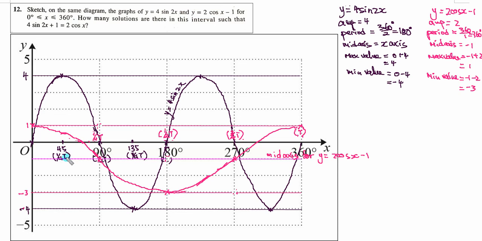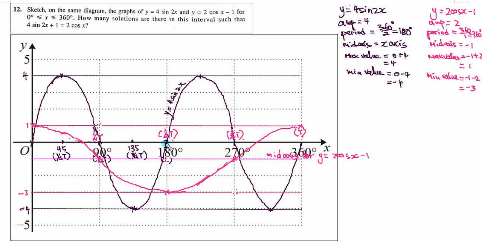Then at 1/4 T, you have the maximum value. In this case, it's 4. And then at 3/4 T, you have the minimum value, which is minus 4. So identify 1 point, 2 point, 3 point, 4 point, 5 point. Then you sketch the sine curve.